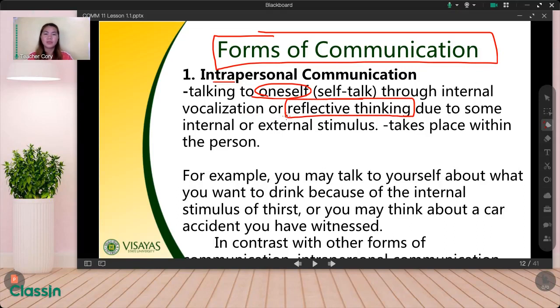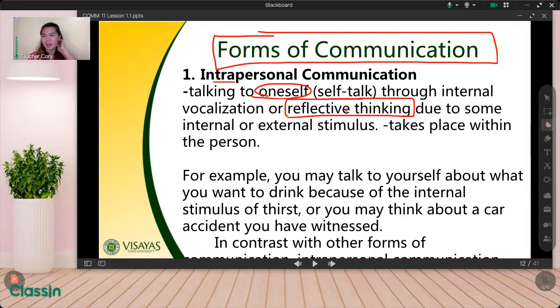Usually what we do is reflective thinking. We don't necessarily have to really talk to ourselves explicitly, like, what do I want now? Sometimes we do that when we are facing the mirror, but we don't usually do that because it might be kind of a crazy thing to do when you keep on talking to yourself and you really say it.